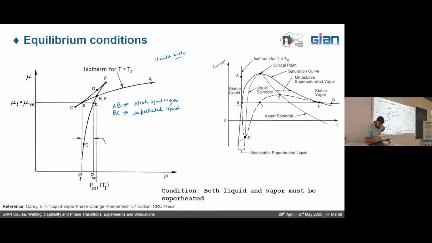Further, line FG is your stable vapor, or superheated, and similarly, line EF is your supercooled or metastable vapor.